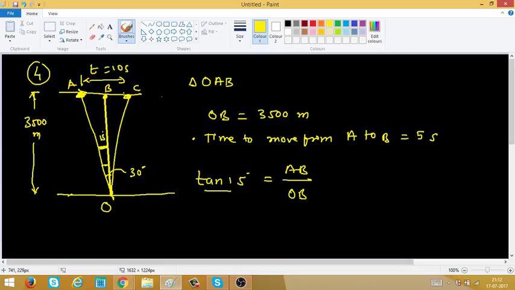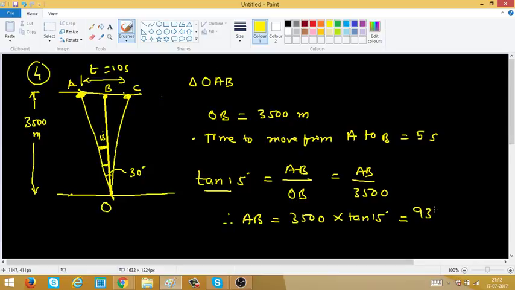AB, OB is 3500 meter, so this will be AB upon 3500 meter. So I get AB is equal to 3500 into tan 15 degree, and if I do this calculation, AB will turn out to be 937.8 meter. You can do this calculation and you get this.